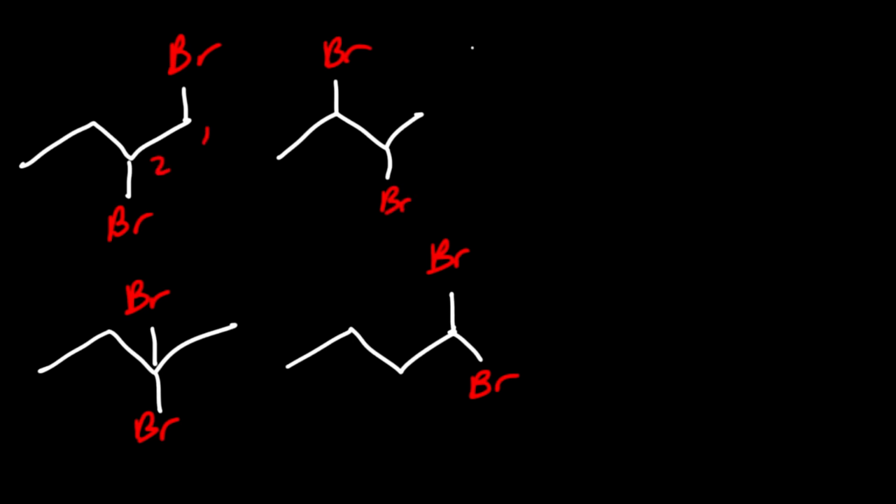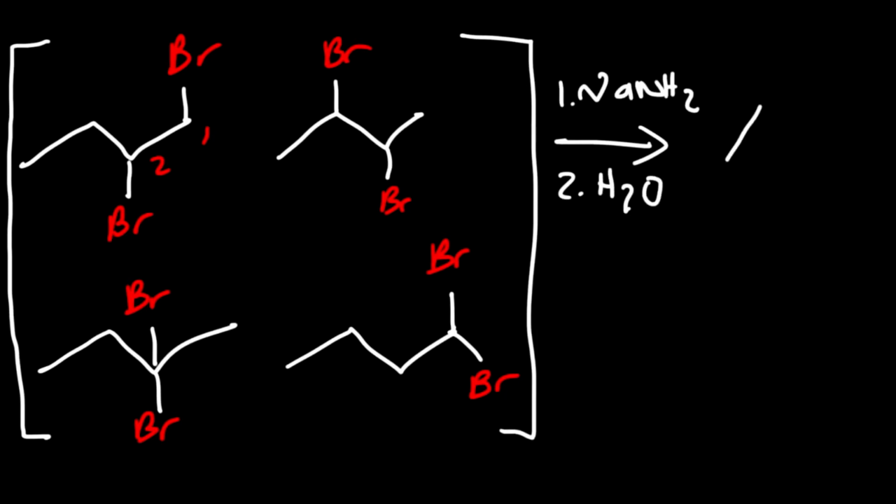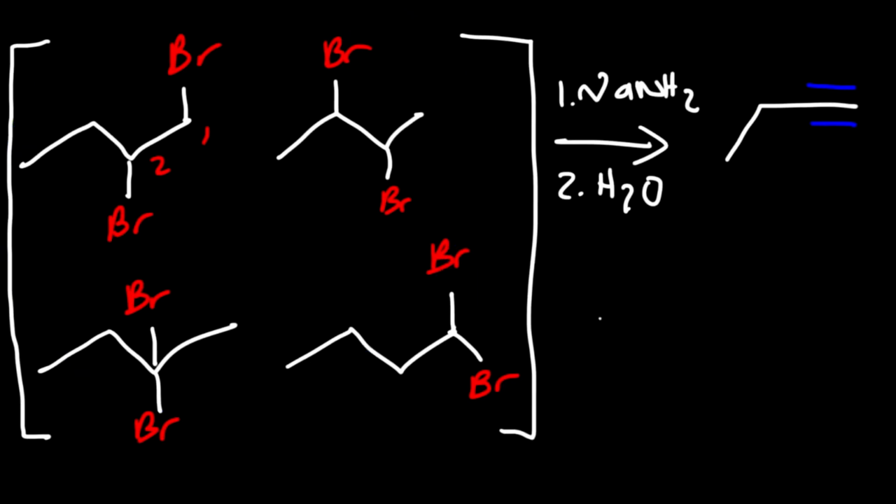So for any one of these 4 compounds, if we react it with, let's say, I need a bigger arrow than that, sodium amide in the first step, followed by water, the end result will be the terminal alkyne. So any one of these molecules will give us the terminal alkyne with sodium amide.